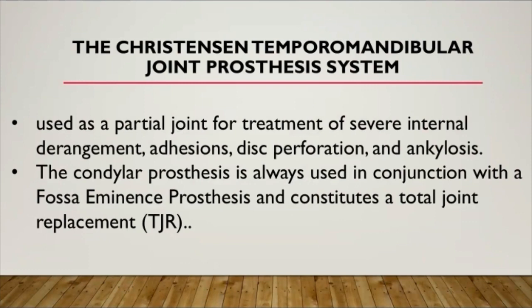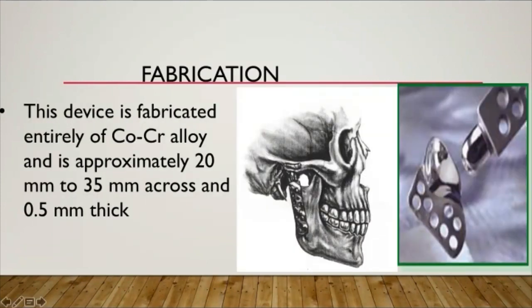The temporomandibular joint prosthetic system is used as a partial joint in treatment of severe internal derangement, perforation, and ankylosis. The condyle prosthesis is always used in conjunction with the fossa element prosthesis and constitutes total joint replacement. In the fabrication of this device, a false joint is formed, so it is able to achieve movement.